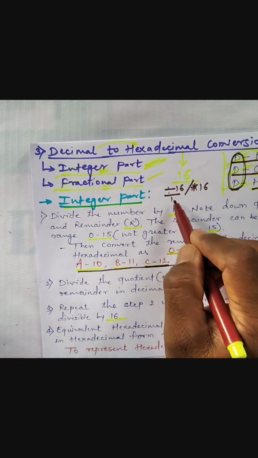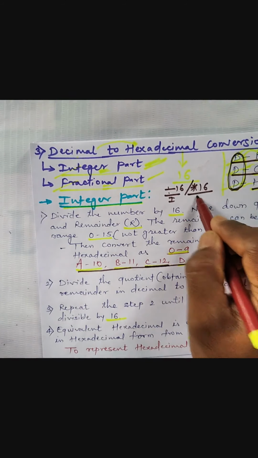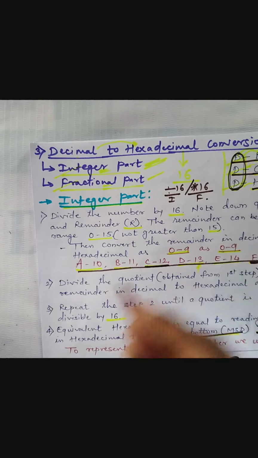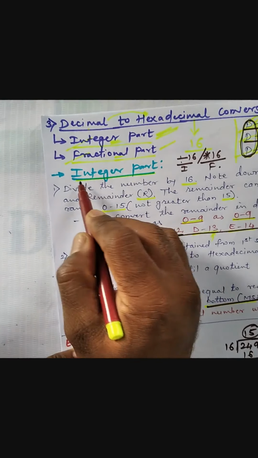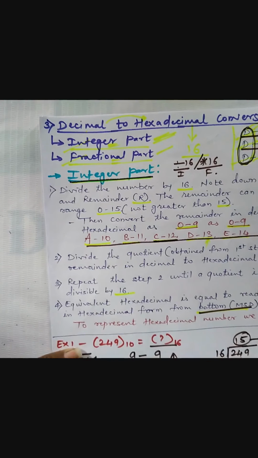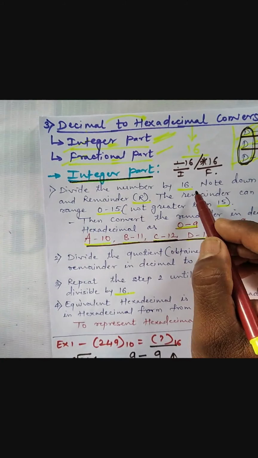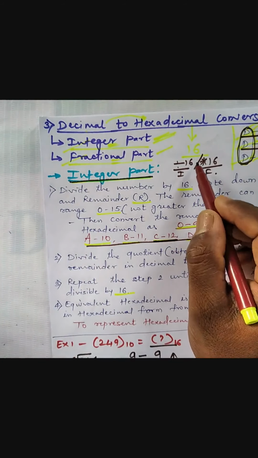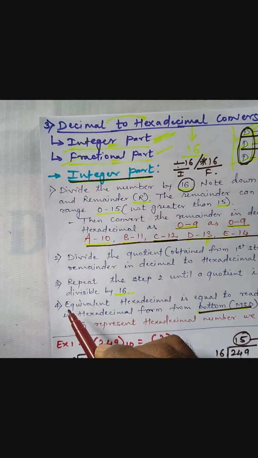Division by 16 is for the integer part and multiplication by 16 is for the fractional part. Let us first see the integer part. All the steps remain the same, as I said. We only multiply or divide the given number by 16 itself.